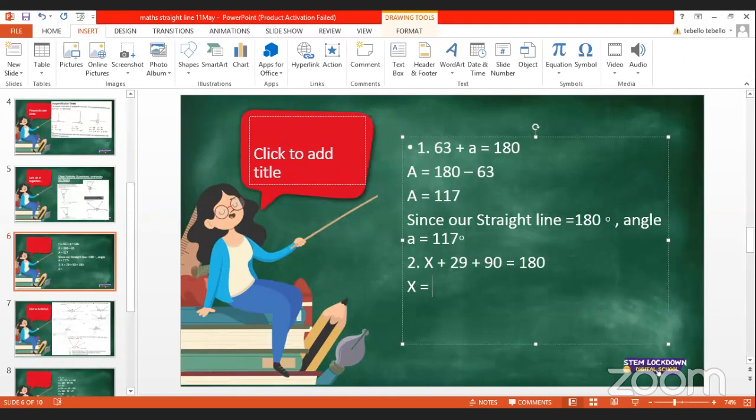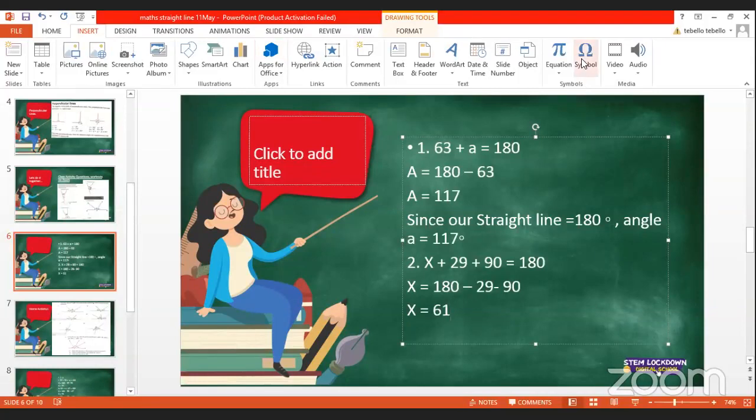So we'll have our x equals 180 degrees minus 29 degrees minus 90 degrees, and our x will be 61 degrees.